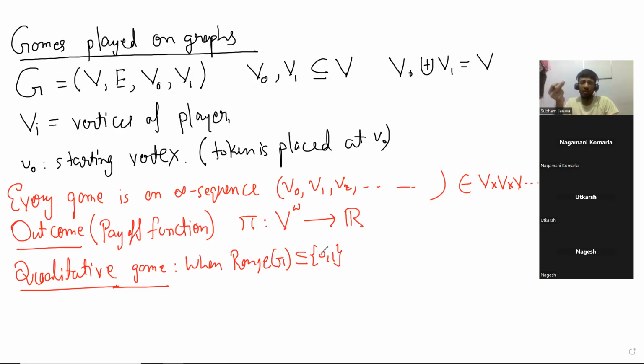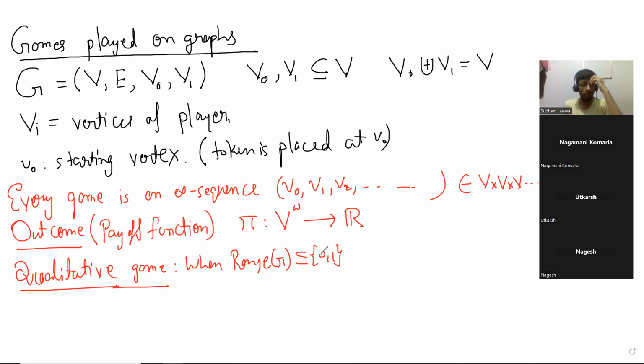Let's say there is a vertex v final, and the goal of player 1 is to reach that vertex somehow, right? Whenever he gets his chance, he would make sure that he develops a strategy to reach that vertex, and player 0 would try to avoid that. In that case, in the infinite sequence, the output will either be 0 or 1.